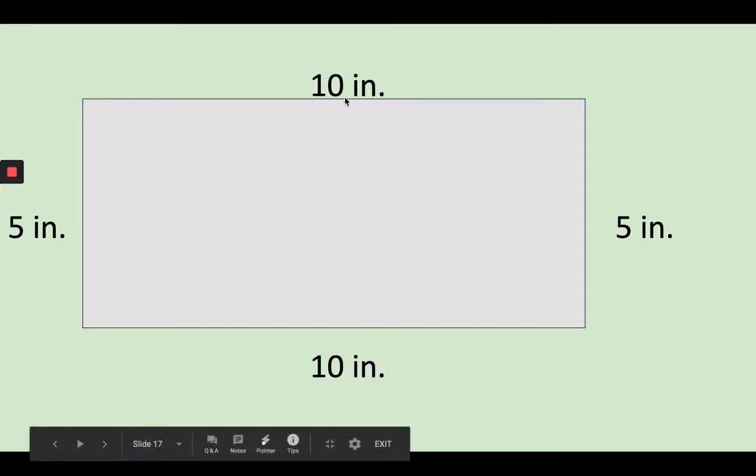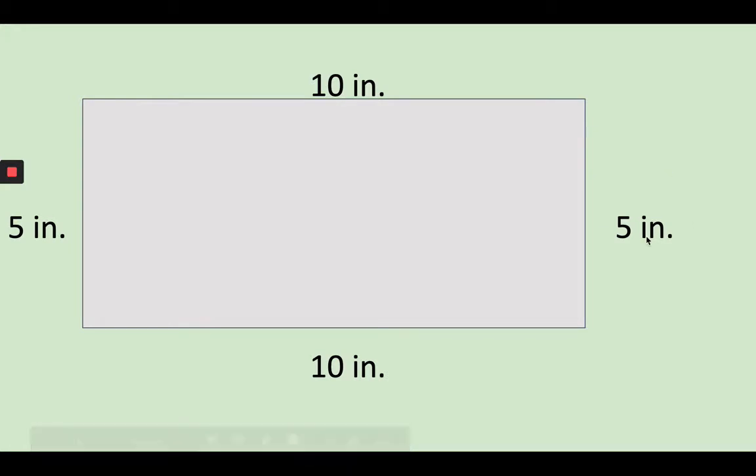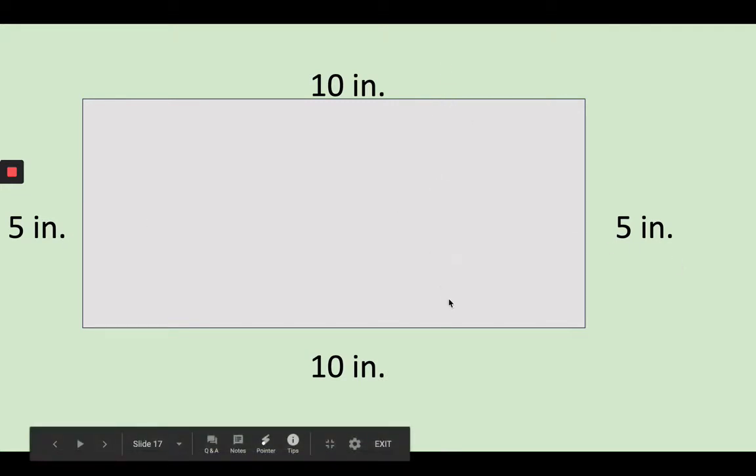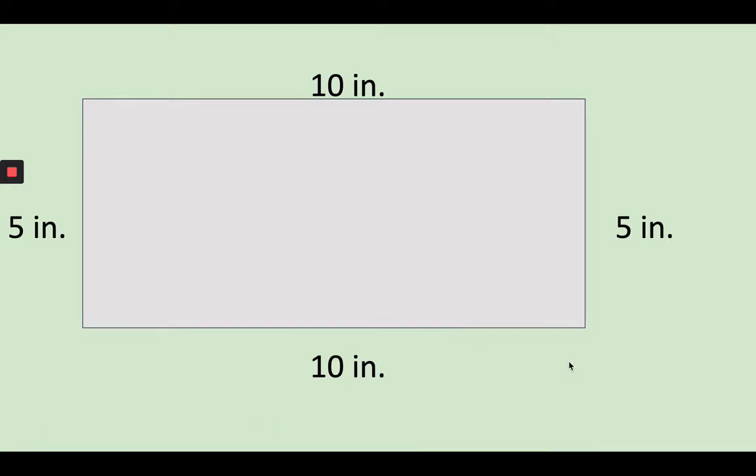I'm going to add like numbers first. I know that 5 plus 5 equals 10, and 10 plus 10 equals 20. So I have 10 from the sides plus 20 from the longer parts. So 10 plus 20 would equal 30 inches. Always make sure to have the unit included.